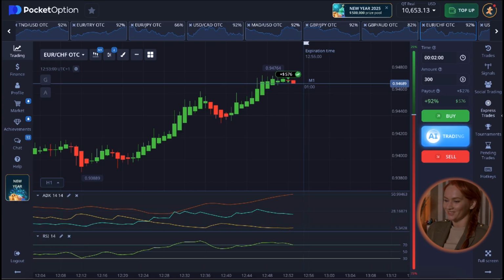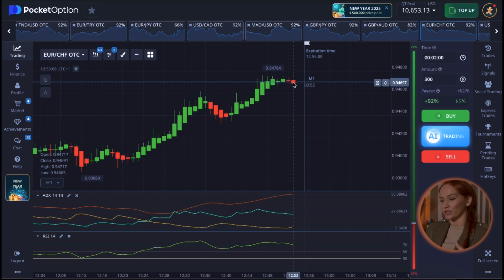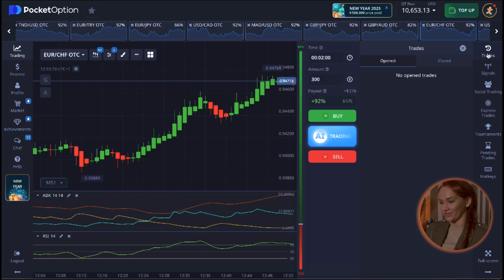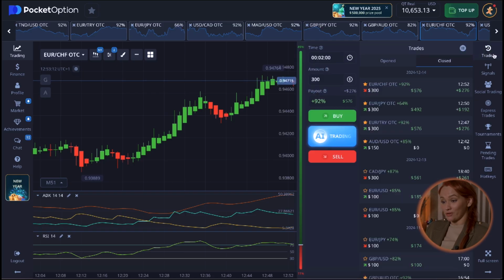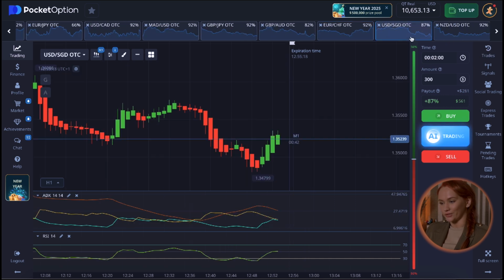Excellent. That was amazing, you guys. You have just witnessed how at the very last second the trend reversed in our favor. Not bad, you guys. $276. Okay, let's move on and choose the next currency pair.